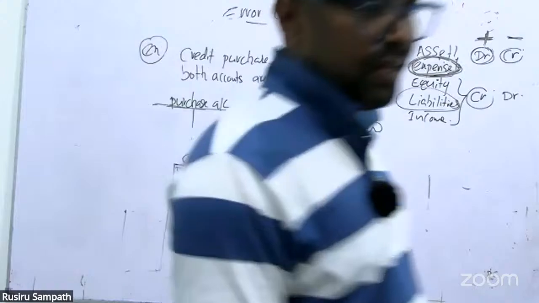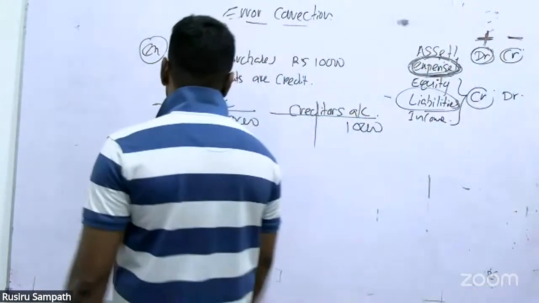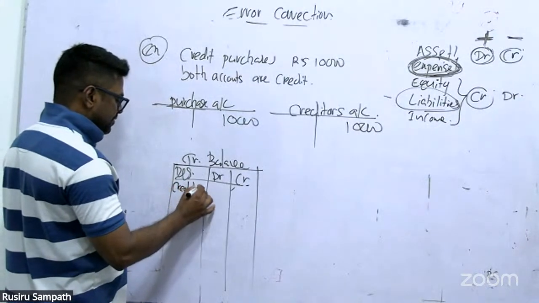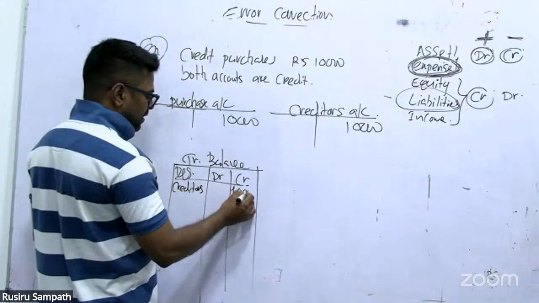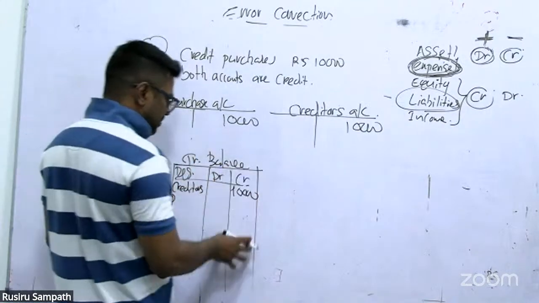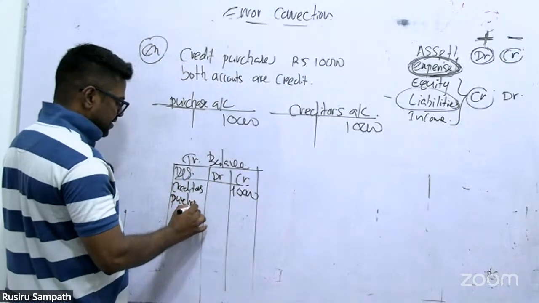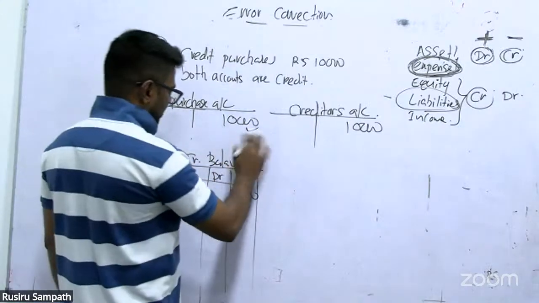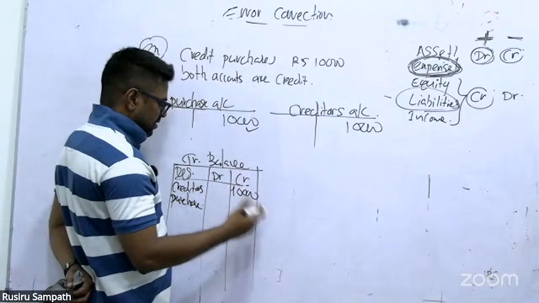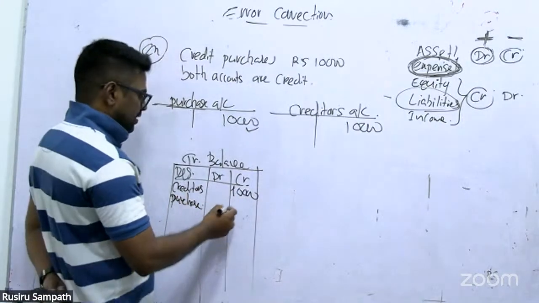The creditors account is credited 10,000, but erroneously the purchase account is also recorded in the credit column, 10,000.